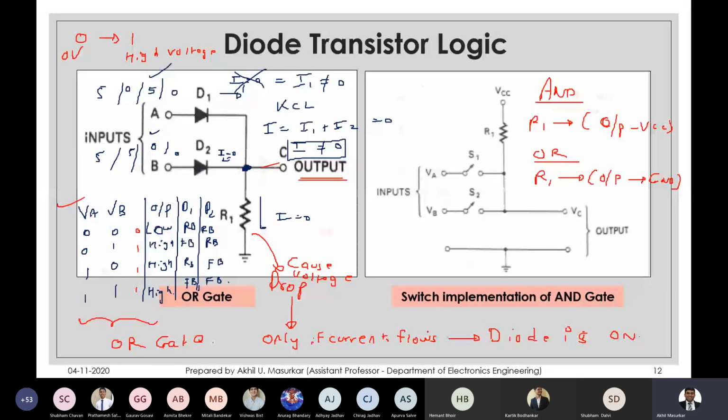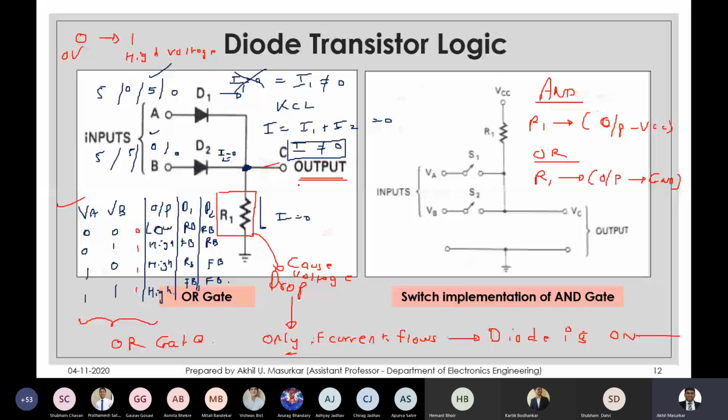Operation wise the value of the resistance doesn't matter at all. Thank you for asking that. Everybody should just listen to this question. Shubham is asking, does the value of the resistance matter?